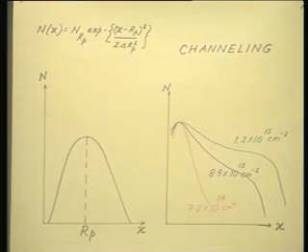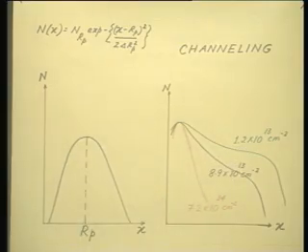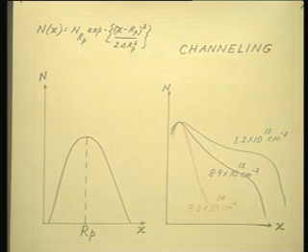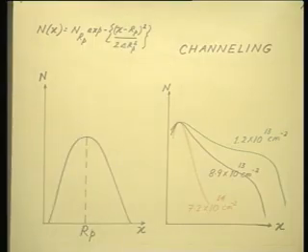Now, I have plotted the case of channeling as a function of distance, and I have used a third parameter. This is the dose, the total dose. Okay. The topmost curve, the green curve, has the smallest dose. The dose is 1.2 into 10 power 13 per centimeter square.